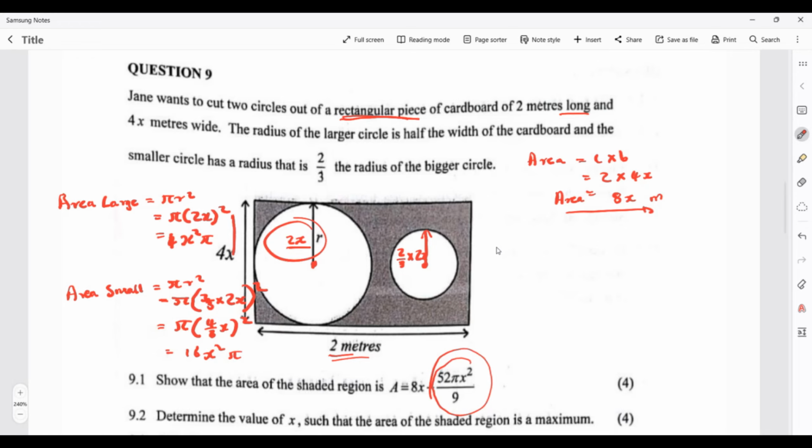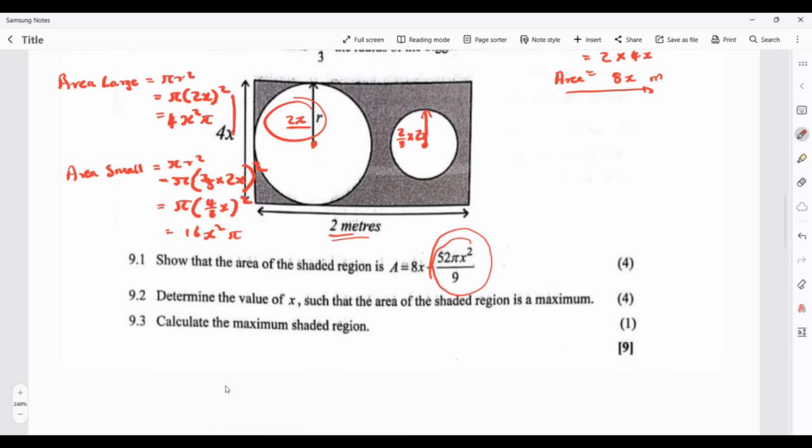So I told you to find the area of the shaded region. We just need to simply subtract. The area of the shaded region must be equal to the total of the rectangle, which is 8x, and then we're taking out the circles, then we'll be left with the shaded region.